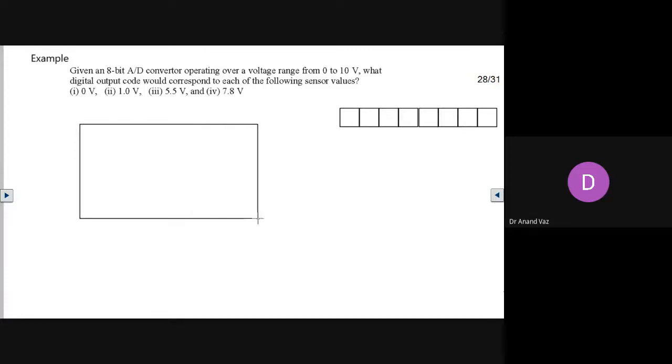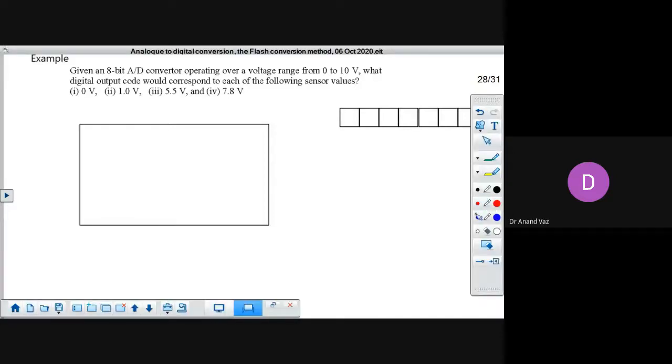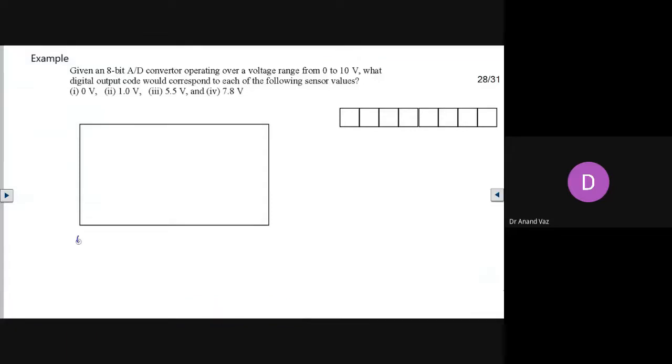Here also we can use mapping. So let us take 0 volts here, a signal of 0 volts, and here let us say that we have 10 volts.